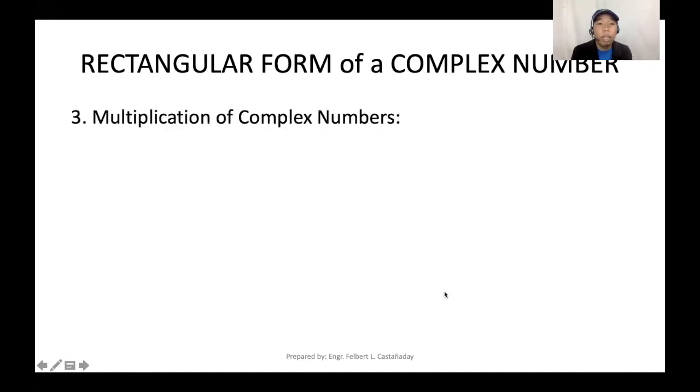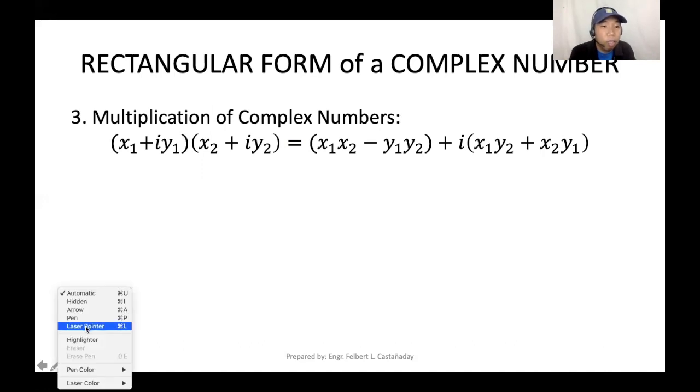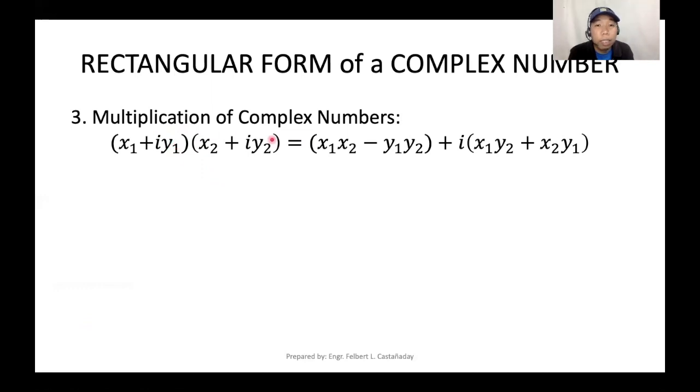Now for the multiplication of complex numbers in standard form, we follow the FOIL method, or simply we do this. The real part is the difference of the products of the real parts and imaginary parts: x sub 1 times x sub 2 minus y sub 1 times y sub 2.